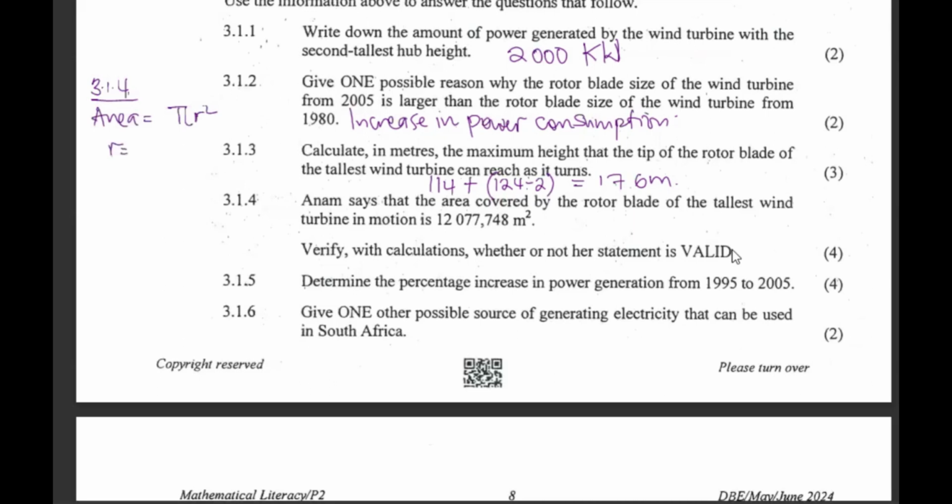Look for r: the diameter was 124. So we divide this by 2, and you get 62. Substitute in the formula, whereby π stands for 3.142 times 62 squared.